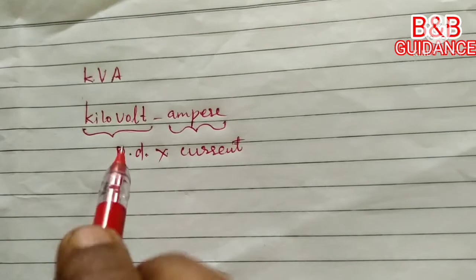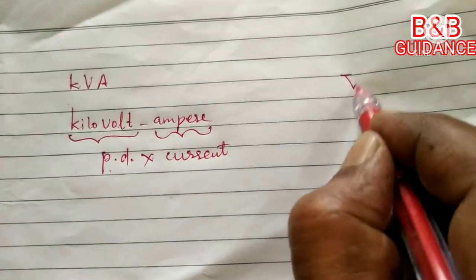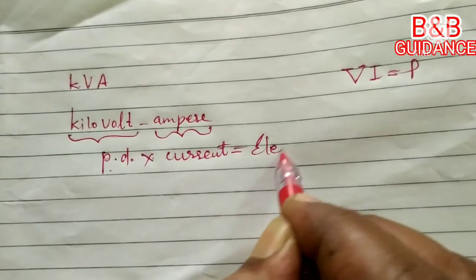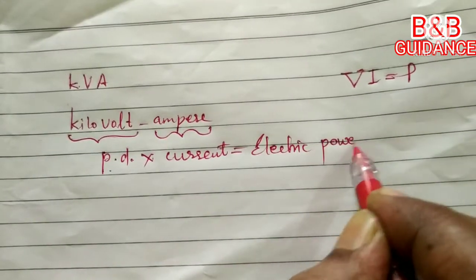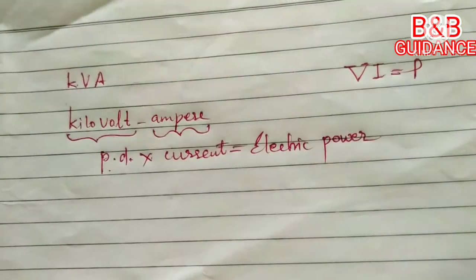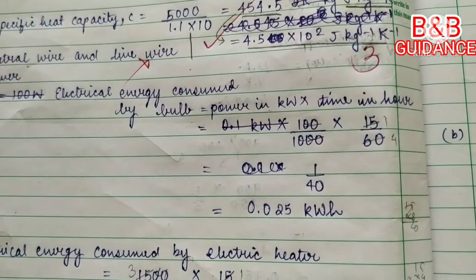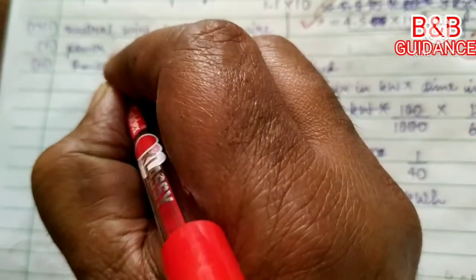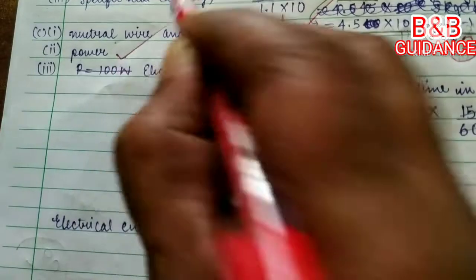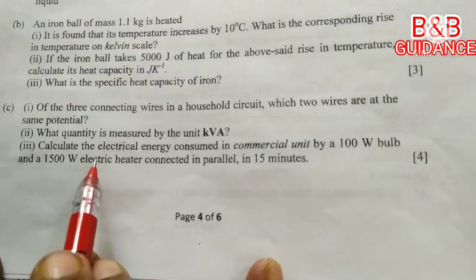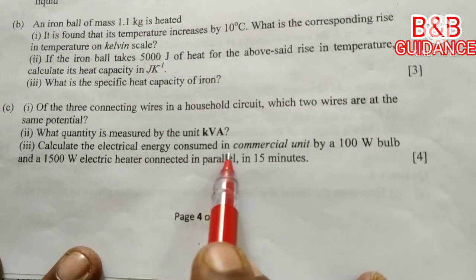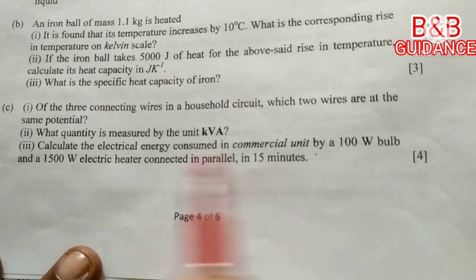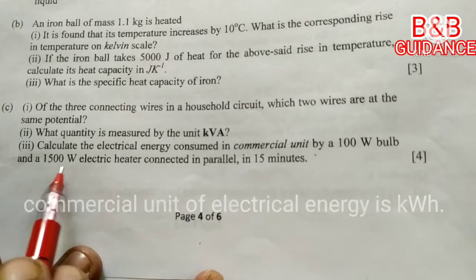You know, the product of potential difference and current, that is VI, is equal to power. So this is nothing but electric power. So the expected answer is electric power. Okay, the child has written power, we can accept that.